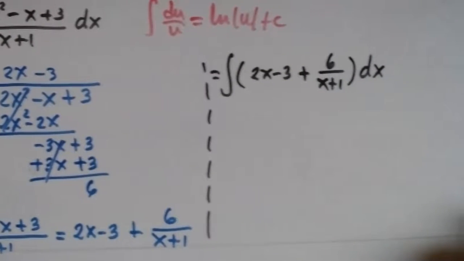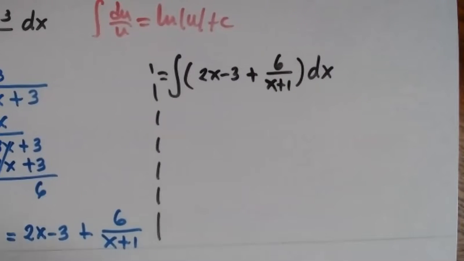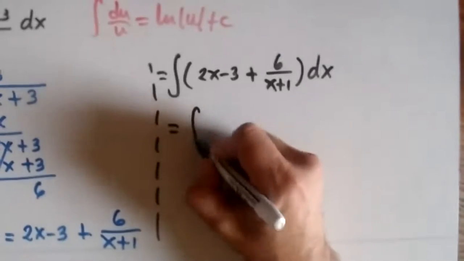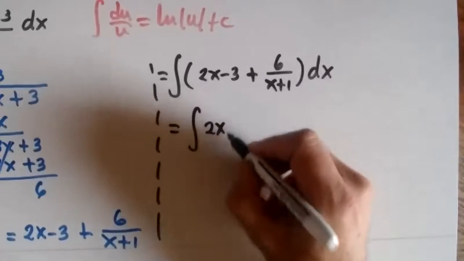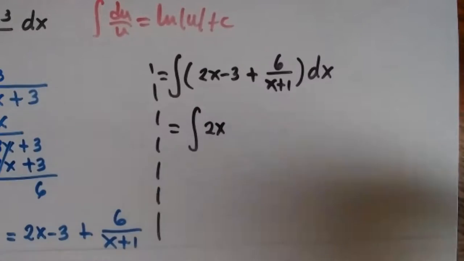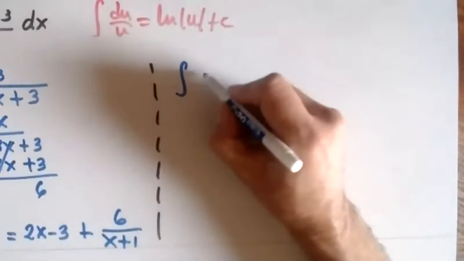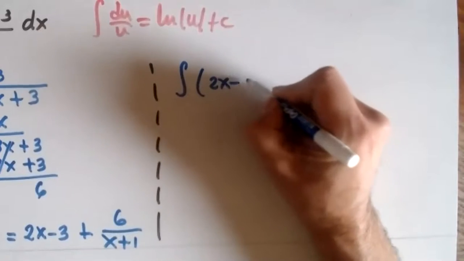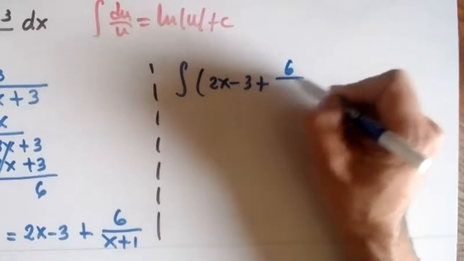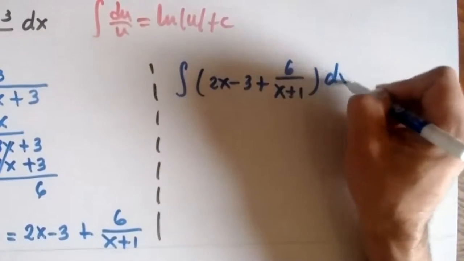Now I'm going to apply my calculus. Let me just use the proper colors. So this is the integral of 2x minus 3 plus 6 over x plus 1 dx.